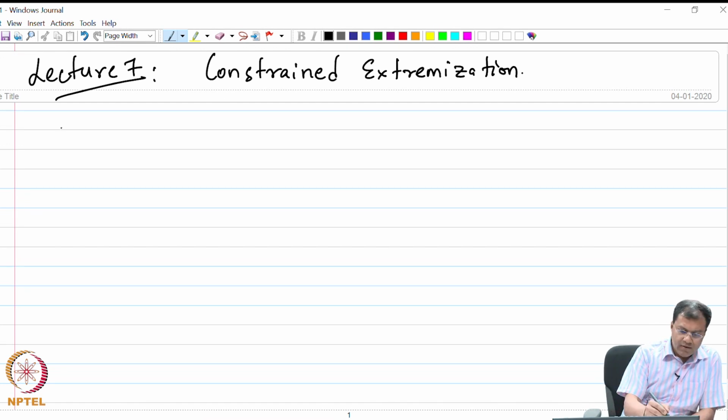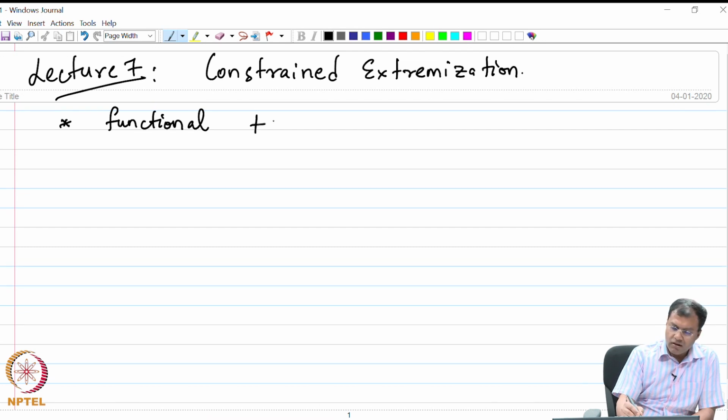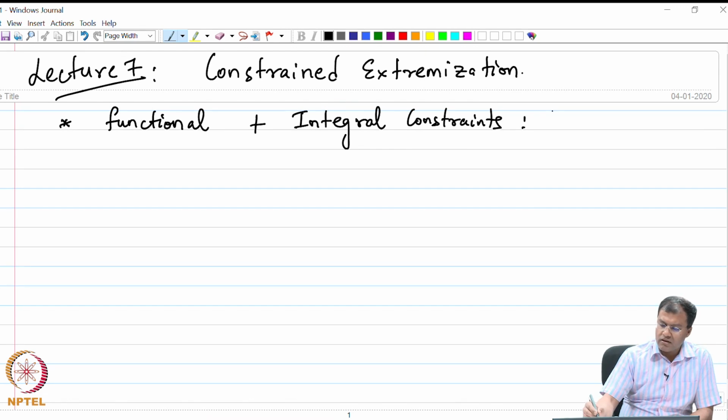So, we could either have a functional that we want to extremize, plus we also have integral constraints, say constraints of the form integration of g of x, y, y prime dx, which is also equal to a constant.